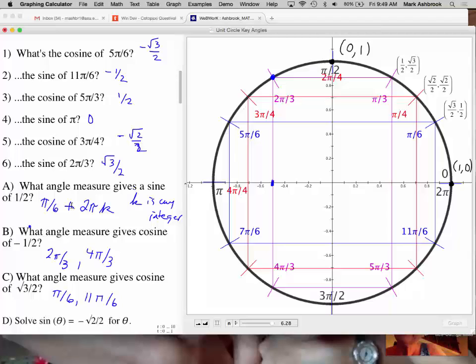But then also 5 pi over 6 plus 2 pi k. So you can do that initial angle plus any number of full circles to take you back to that same place on the circle, which will give you that sine of 1/2. So if we want to express all infinitely many possible angles, we need that statement right there: pi over 6 plus any number of rotations, and 5 pi over 6 plus any number of rotations.